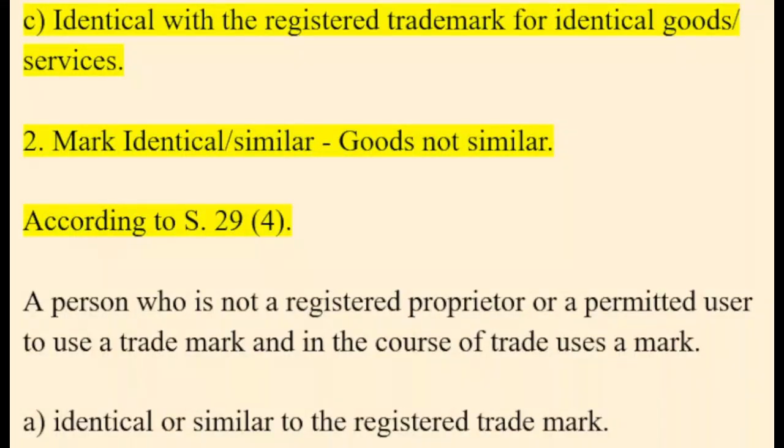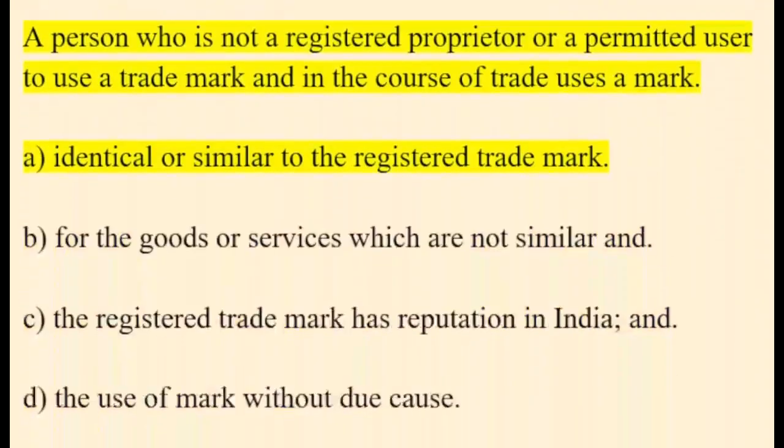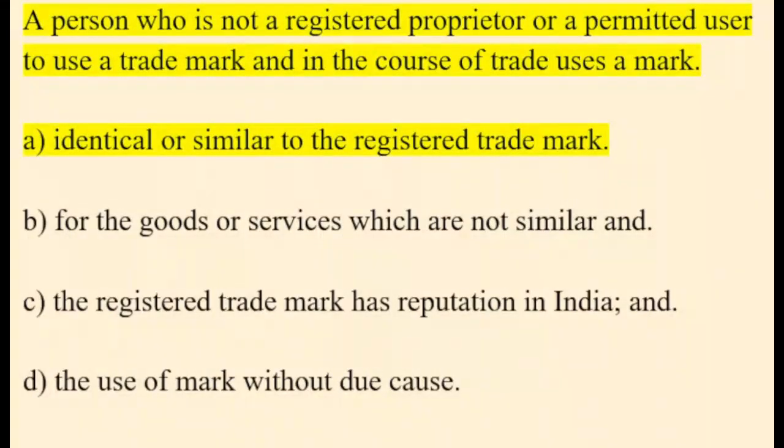2. Mark identical, similar, goods not similar. According to Section 29(4), a person who is not a registered proprietor or a permitted user of the trademark and, in the course of trade, uses a mark: a. Identical or similar to the registered trademark, b.